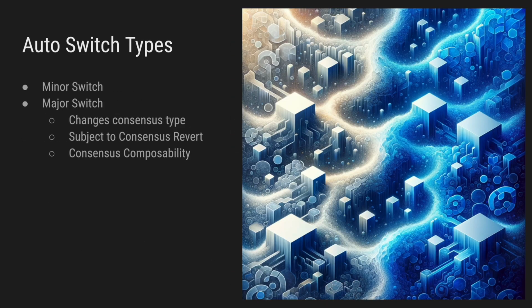A minor consensus switch is a parameter change or improvement based on observables. A major consensus switch means a change in the type of consensus, and this is a matter of changing the consensus smart contract. It can be by revert or by consensus composability.